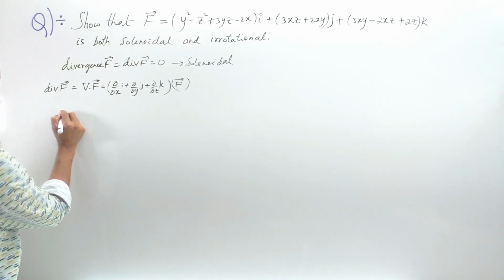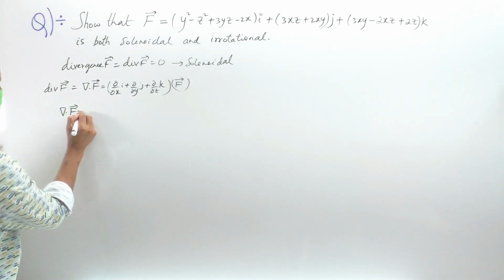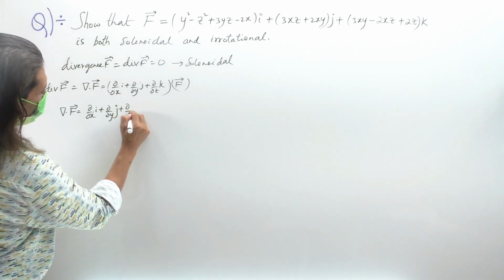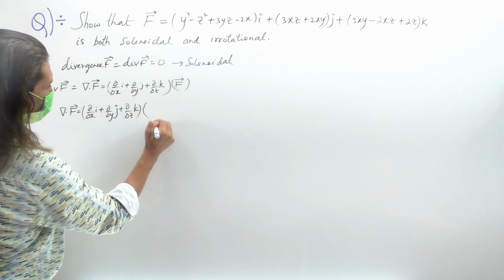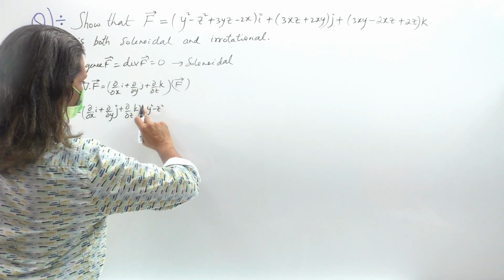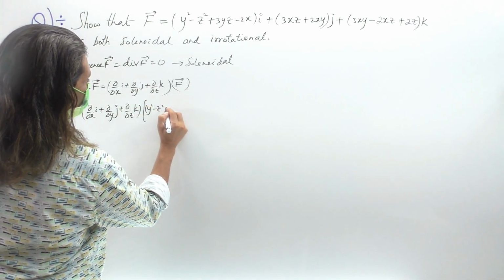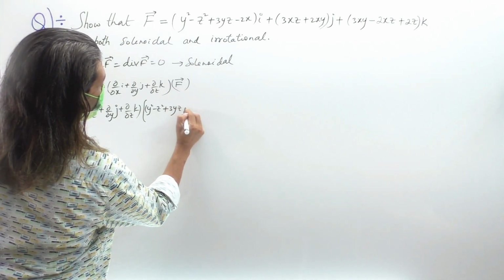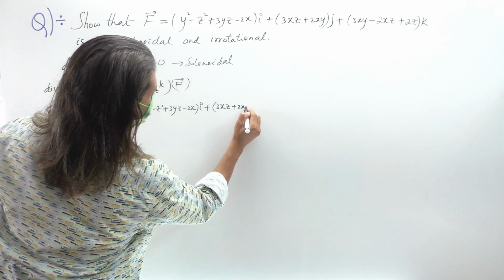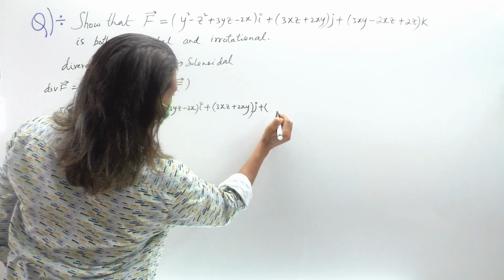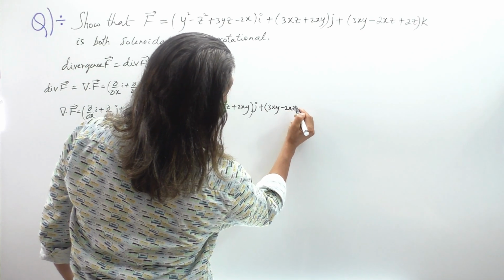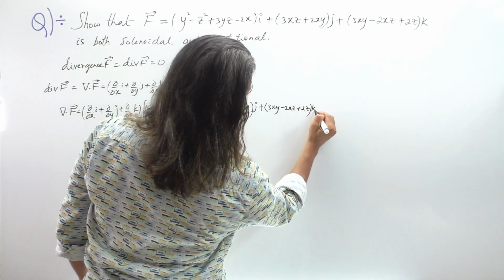So let us put the f vector here. Del dot f is equal to dou by dou x of i plus dou by dou y of j plus dou by dou z of k, dotted with y square minus z square plus 3yz minus 2x into i, plus 3xz plus 2xy into j, plus 3xy minus 2xz plus 2z into k.